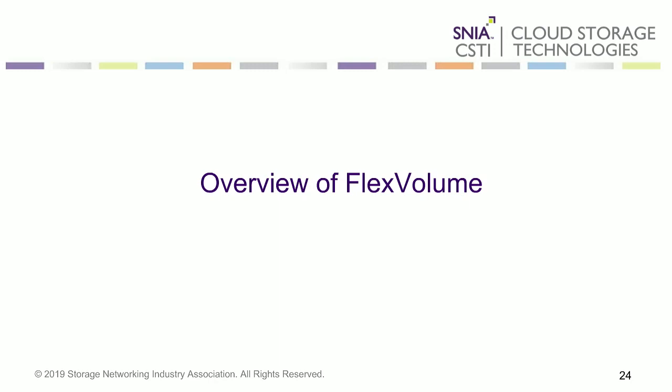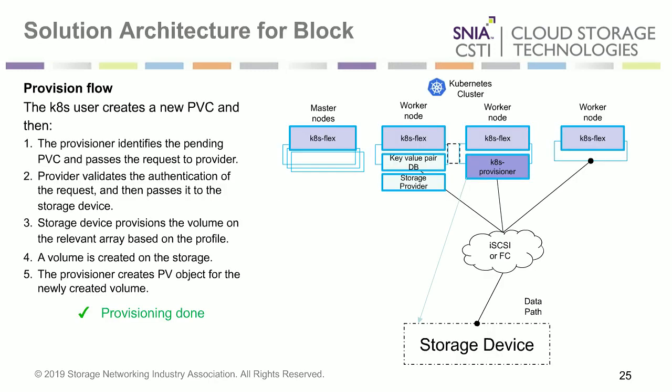All right. So I'm going to jump into flex volume. This is where I'm much more familiar. It's been around for a few years. CSI is pretty new. But this is essentially the same thing that's going to happen for CSI. So again, we go back to the 3 standard operations: create, attach, and mount.